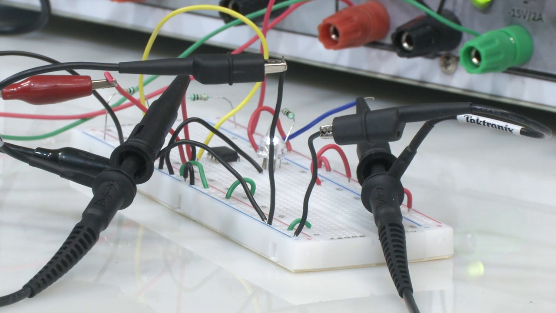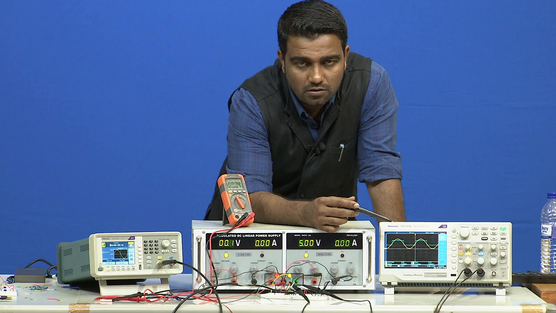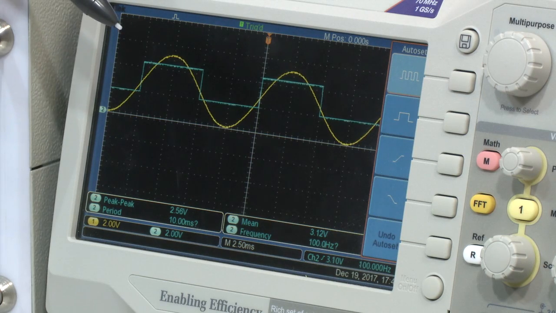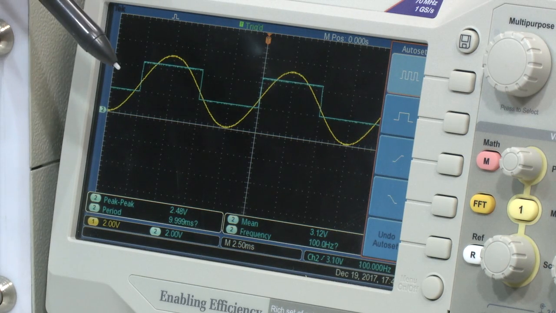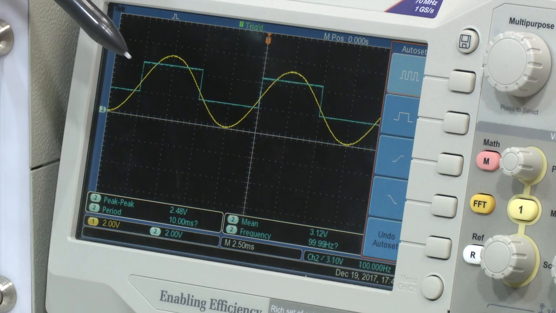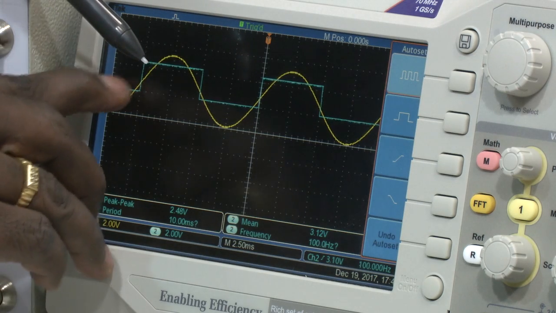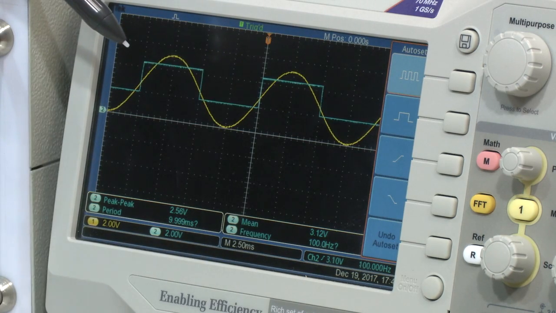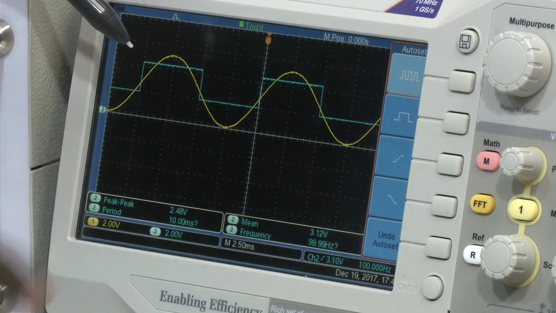Can you please see the signal in the oscilloscope? Can you show it? Alright. So, what we see, if you can zoom out, yes. So, you can show where is our input signal? Input signal is this one, which is our sine wave, right. How much have we applied?